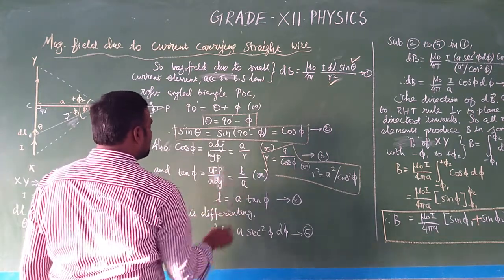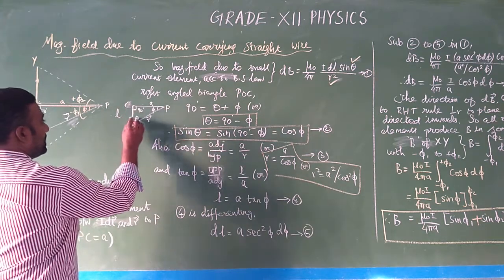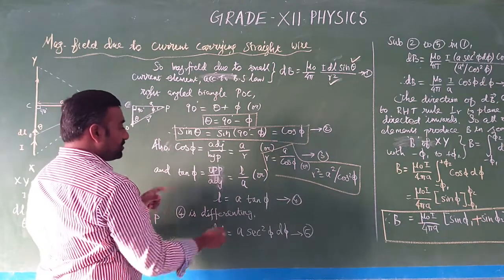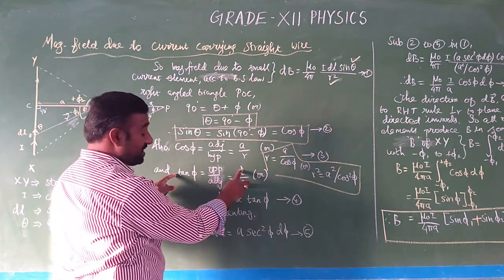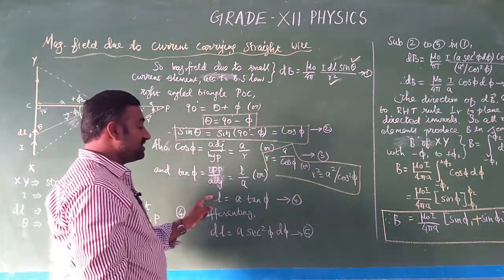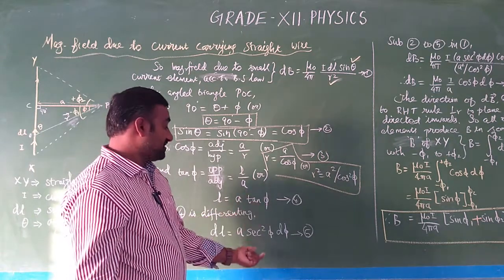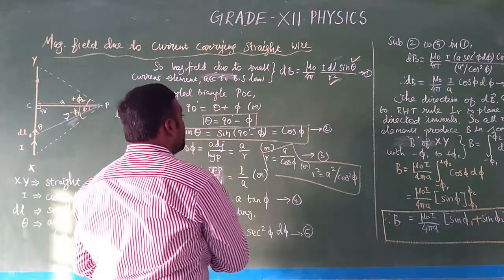So opposite is L and adjacent is A, so opposite by adjacent that is L by A. So L is equal to A tan phi. Differentiating on both sides, so dl is equal to A, constant cannot differentiate, tan phi differentiate பண்ணா secant square phi கிடைச்சும் further d phi. So this is dl value.